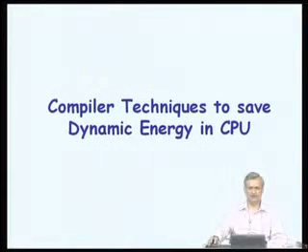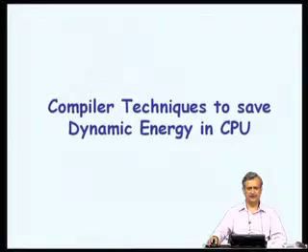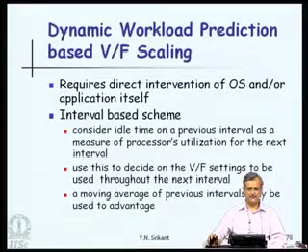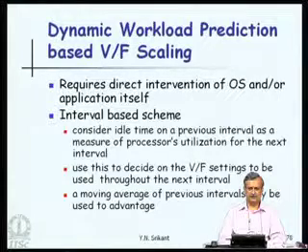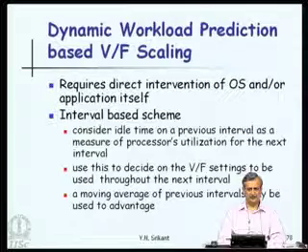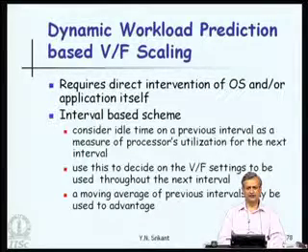So, now let us look at compiler techniques to save dynamic energy in CPU. The first one is not strictly a compiler technique, but has been mentioned because it is widely referred to in the literature. We accumulate the workload history and see what is the load on the CPU.